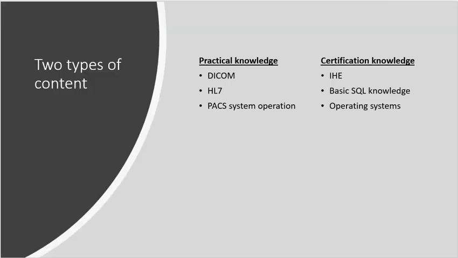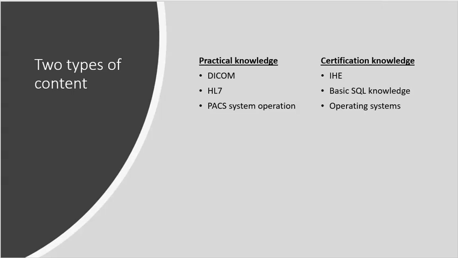Along those lines, there are two types of content in the program. There is A, practical knowledge you need to know to do the job, and B, certification knowledge you need to know to pass the certification exam. Everything we teach you falls into one of those two categories. In a couple weeks we're going to do a module on gigabytes, megabytes, kilobytes, terabytes.